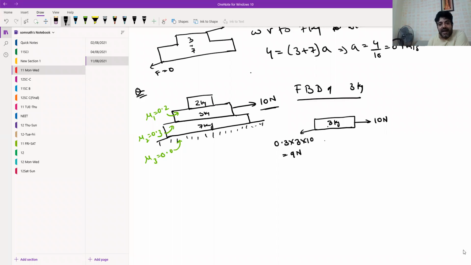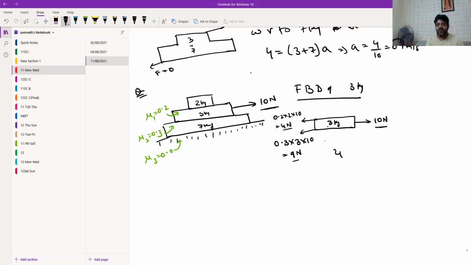And between 2 kg and 3 kg, because the 2 kg block is on top of the 3 kg block, 0.2 into 2 into 10, that is 4 Newton. So 4 and 9, how much is it? 13. So now we can give the statement that the 10 Newton force is less than the frictional force of 13 Newton. Yes or no?